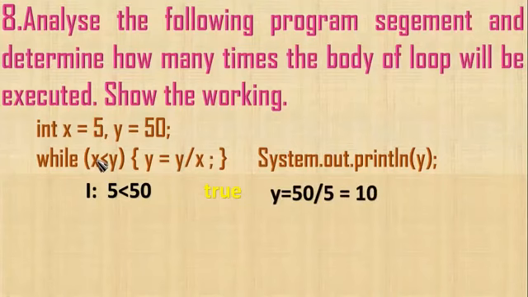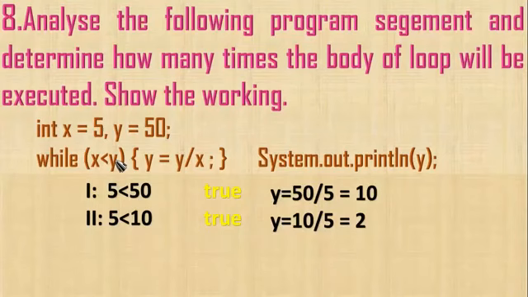So now again y's value is 10, which is compared with x, that is 5 is lesser than 10. That is true. Now y's value is 10. 10 divided by x is 2. Now it checks 5 is lesser than 2 or not. So this is false.